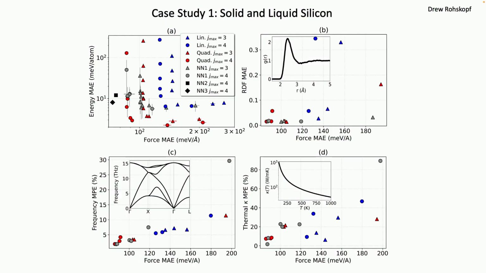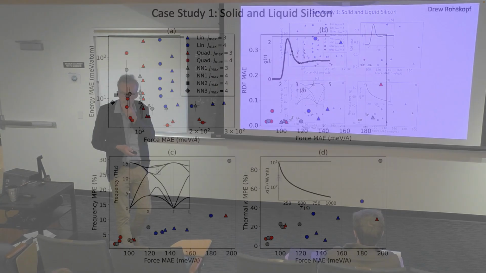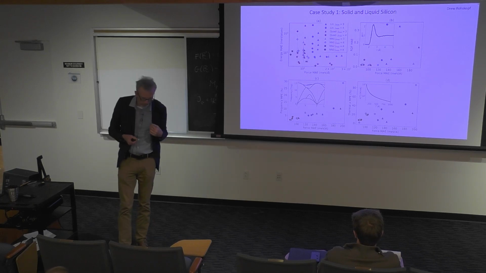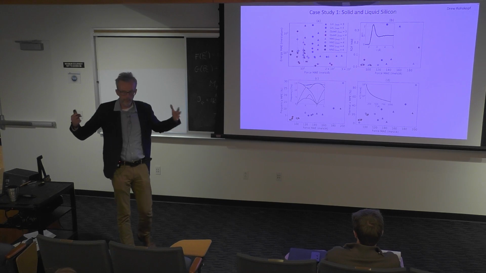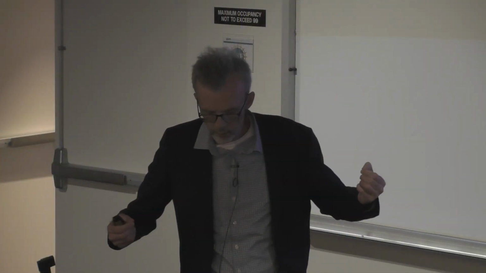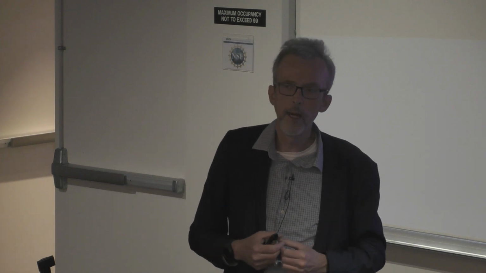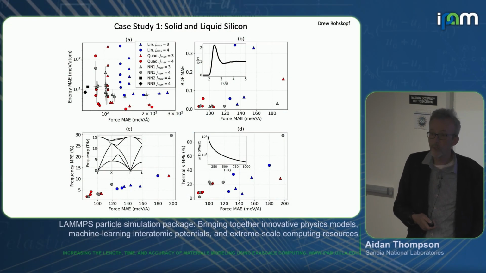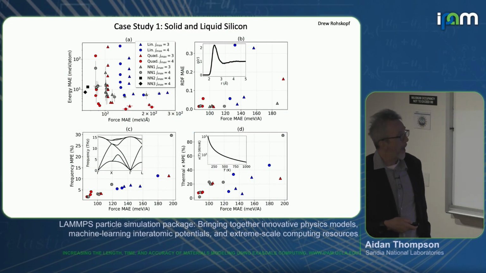Okay, so I want to put in a plug for some results that Drew got just over the last month or two, where he took all the work that he had done in the FitSNAP code that now allows him to look at lots of different descriptors and lots of different energy models and try it out on a few different materials science applications. The first of these is solid and liquid silicon, that's shown here.